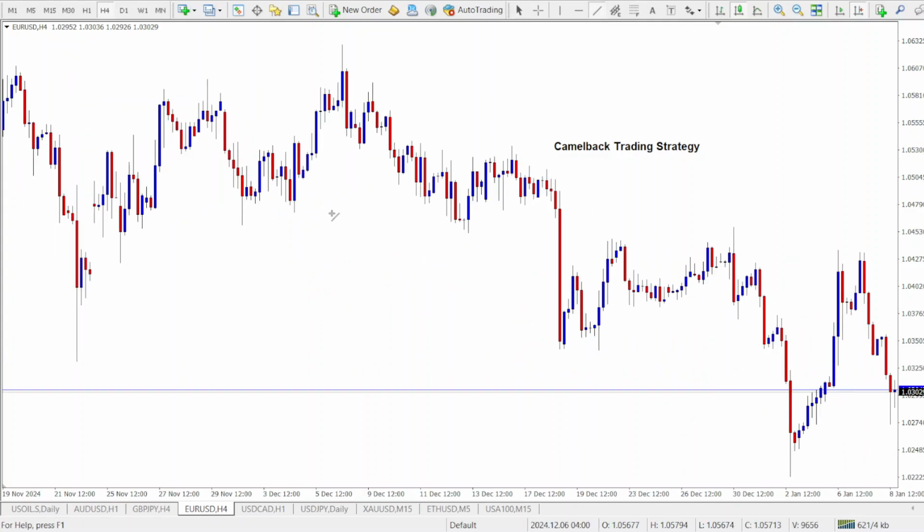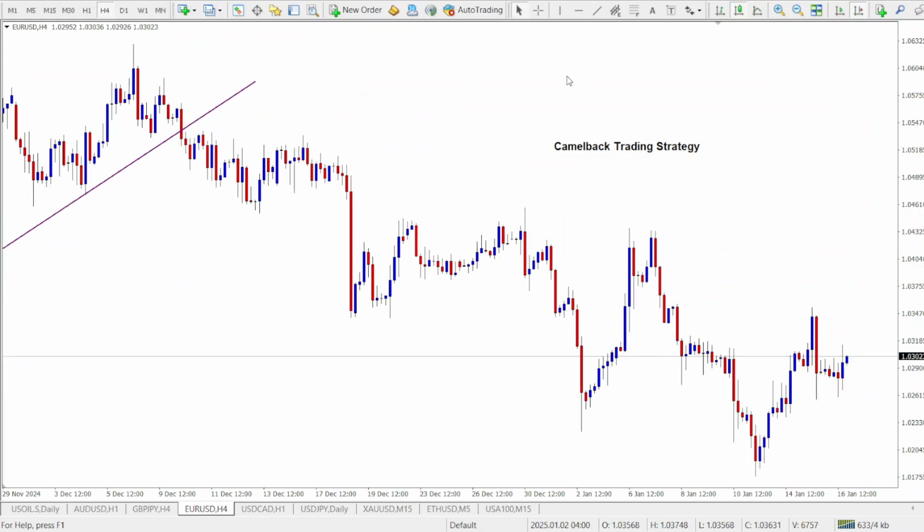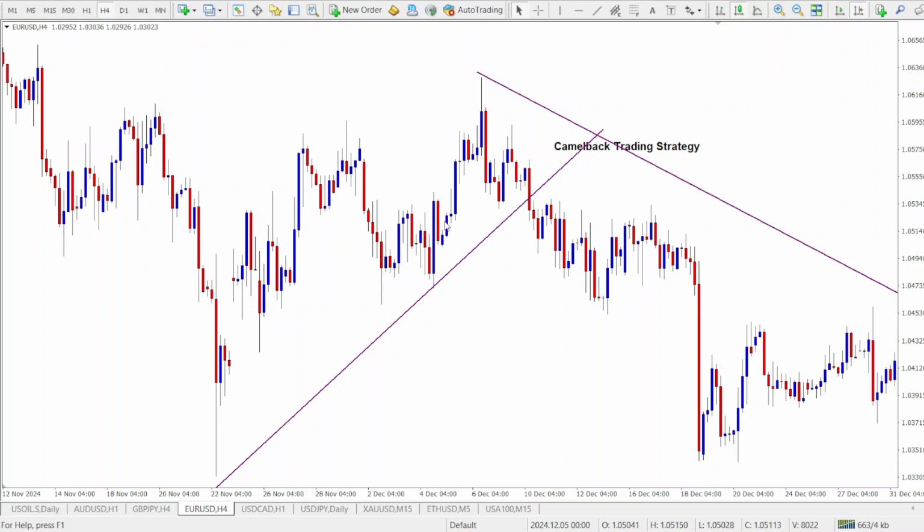If you are an experienced trader, you will already know what price action is. Even if you are a new trader, price action, as the name implies, just refers to the action of price on the chart, in simple terms, how price behaves on the chart.